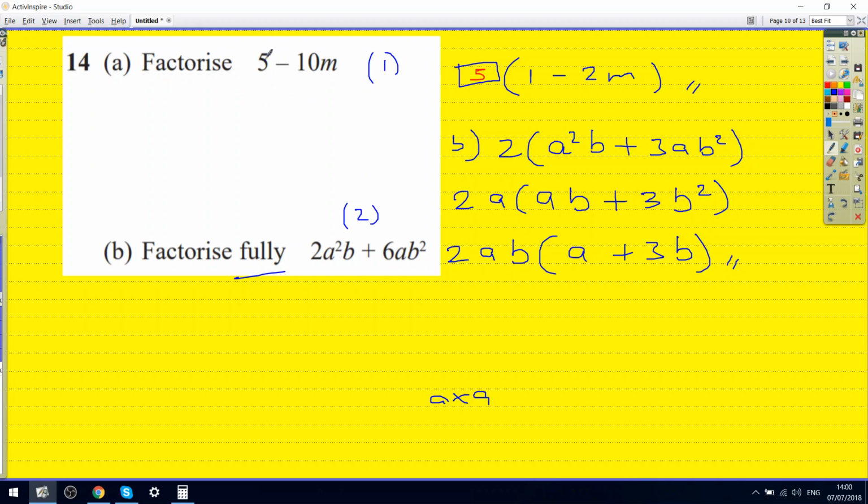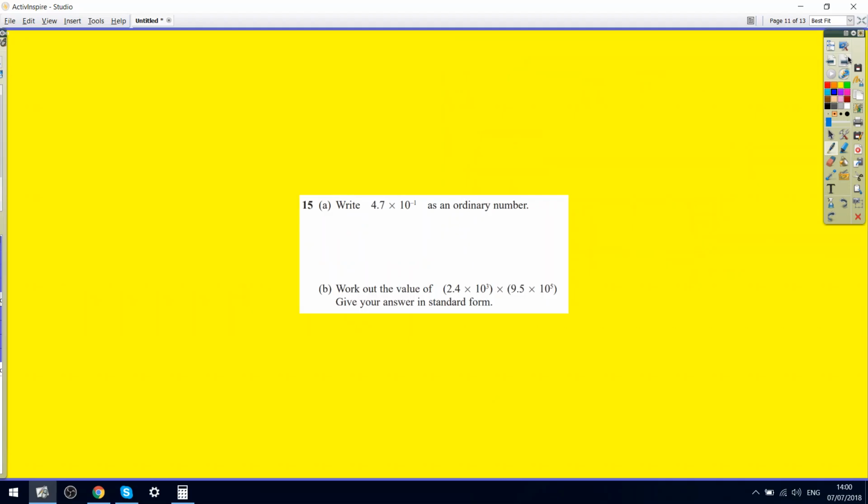So it's like 5 divided by 5 is 1, 5 divided by 10 is 2, and so that'll work. And then how about with the part B? You have to factorize it fully, so you just take away the letters. A number and the letter at least. Yeah. So it's fully. So same thing, divide them both by A.